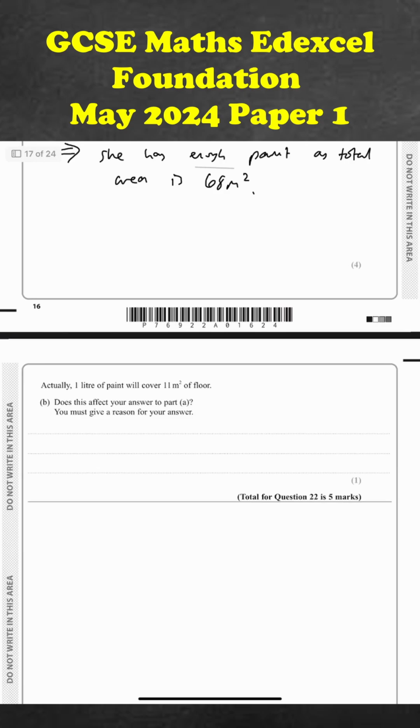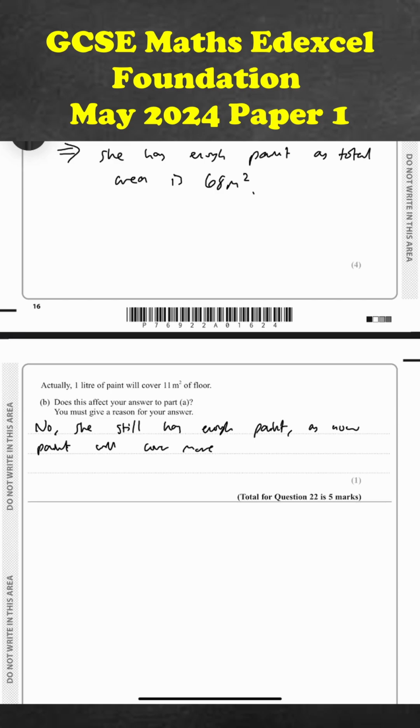Part B, actually 1 litre of paint will cover 11 metres square of floor, so even more. Does this affect your answer to part A? You must give a reason. No, she still has enough paint, as now paint will cover more floor.